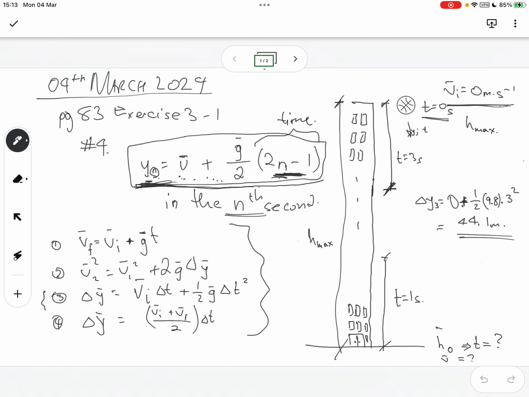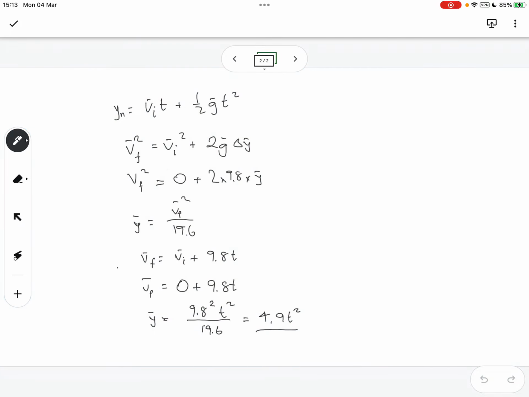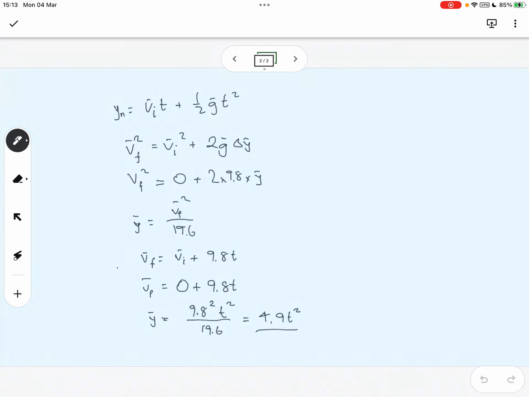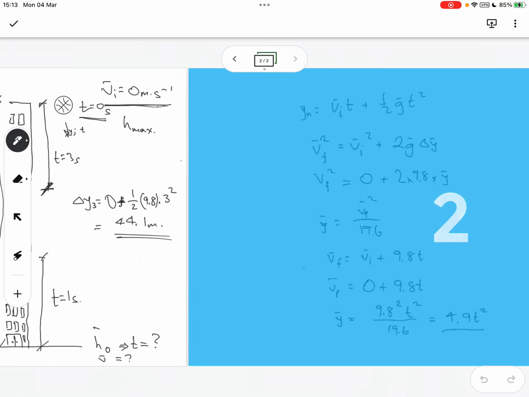But there has to be another way that we can come up with to solve the problem. 4.9 times t squared. Could be a ratio.